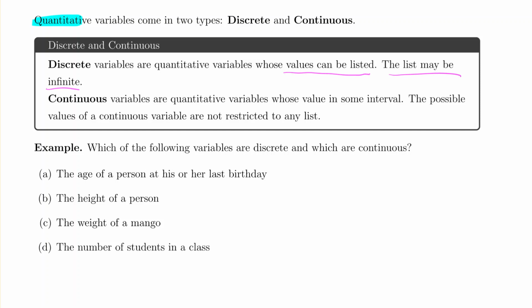For a continuous quantitative variable, values are in some intervals, and the possible values of a continuous variable are not restricted to any list. That means there also can be infinite. So discrete we can think of as something we can count. Continuous is where things are in an interval, so it's not possible to count. I think we can make more sense once we look at examples.